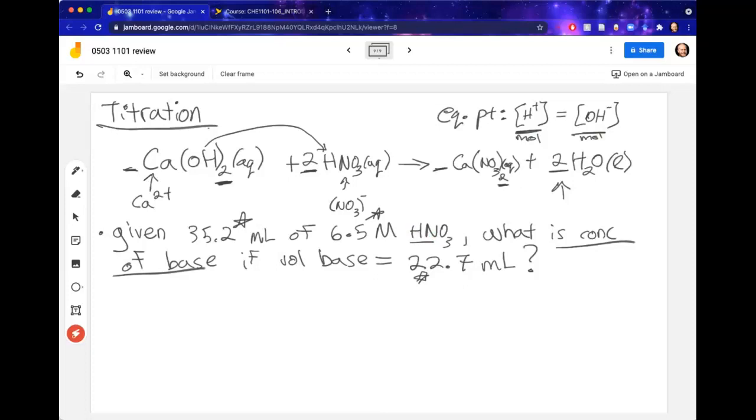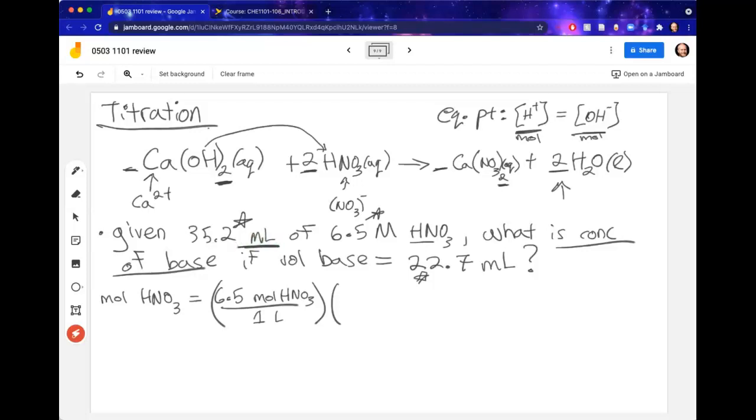In this case, the moles of acid is the concentration, 6.5 moles HNO3 in 1 liter, times a volume, which also has to be in liters. And that's another subtle point here, folks.